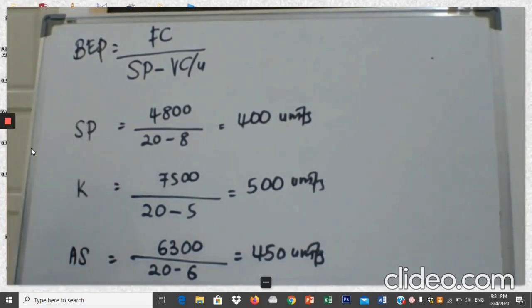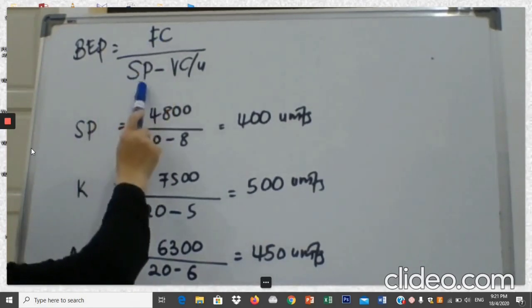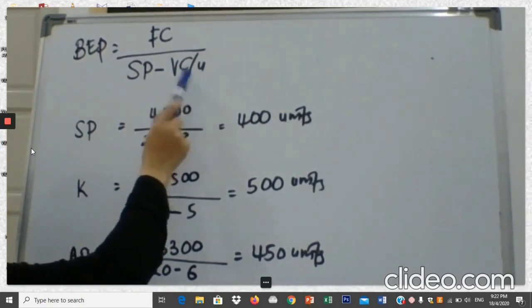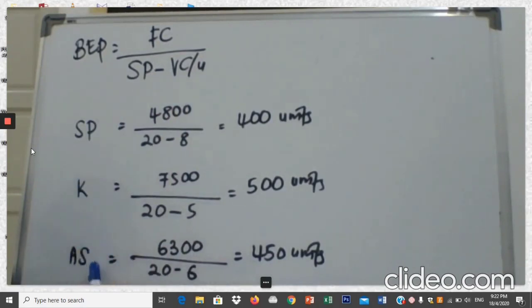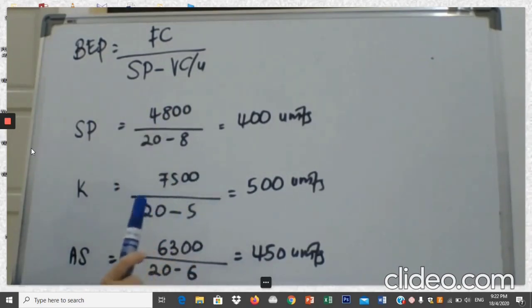The formula for break-even point analysis is given in your textbook. Break-even point is the fixed cost divided by selling price minus variable cost per unit. So what you do is calculate the break-even point for all the locations given. You just pick the information given in the question and put it in the formula.